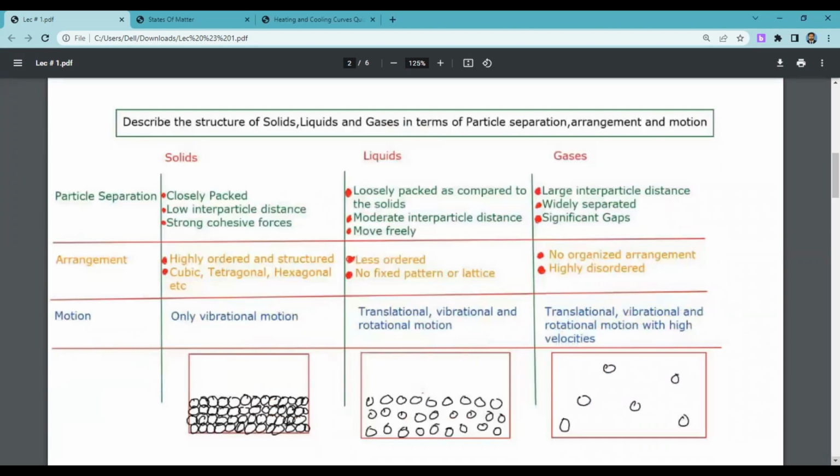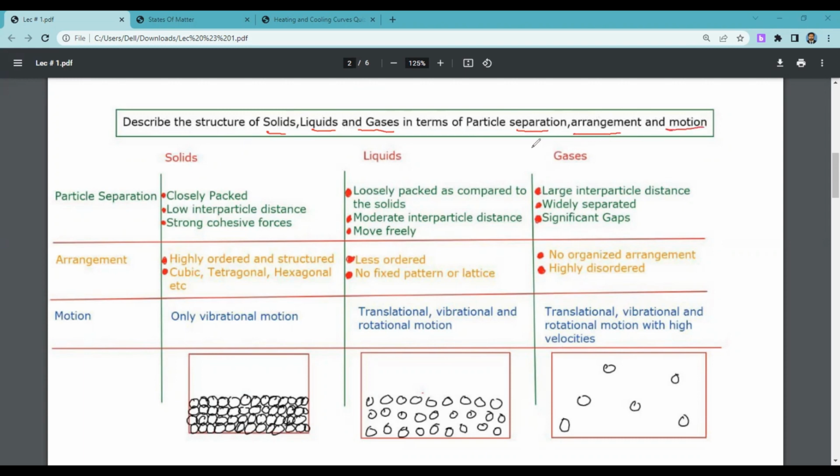The course content they provided us describes the structure of solids, liquids, and gases in terms of particle separation, arrangement, and their motion.